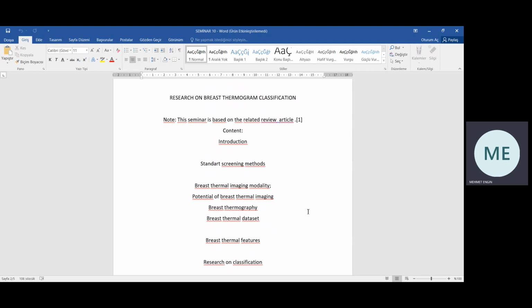Two types of protocol may be employed in capturing the image, static and dynamic protocols. The static protocol involves a single image capture after 10 or 15 minutes of thermal stabilization during rest, whereas the dynamic protocol involves a series of thermograms captured every 15 seconds during 5 minutes.